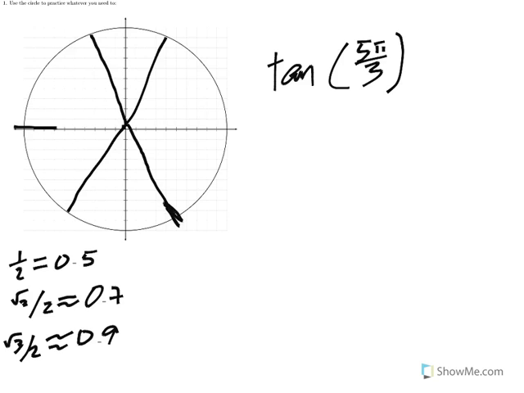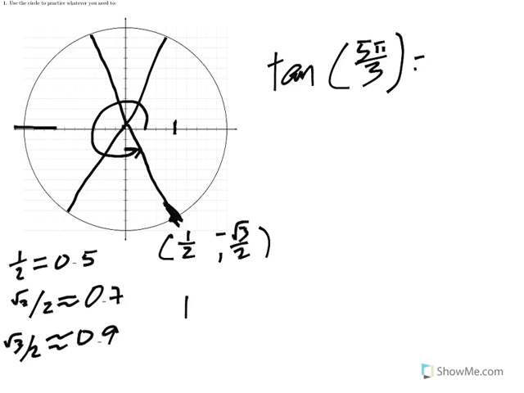So got to here, positive 5 pi thirds. Now I'm looking at the coordinates of that point and realizing that the x-coordinate's about a half. It's not 0.7, it's not 0.9, so we'll go with a half. And the y-coordinate is negative, and it looks like around 0.9, so let's assume that's negative square root of 3 over 2. Because it's a special angle, it's going to have one of these special exact values. It's got to be that one.